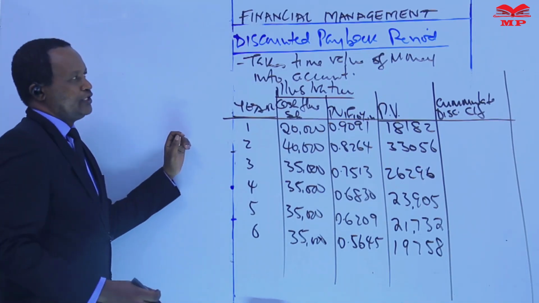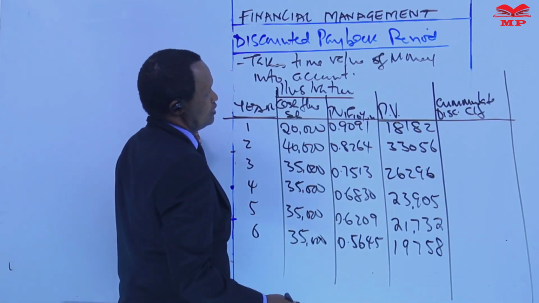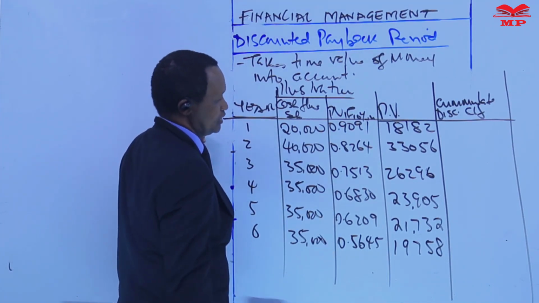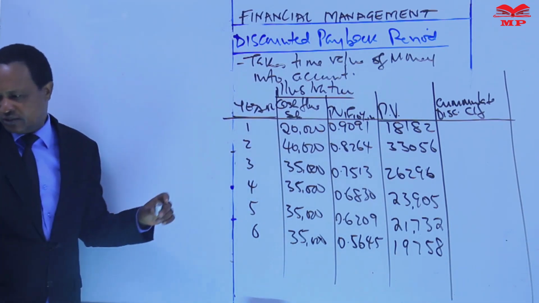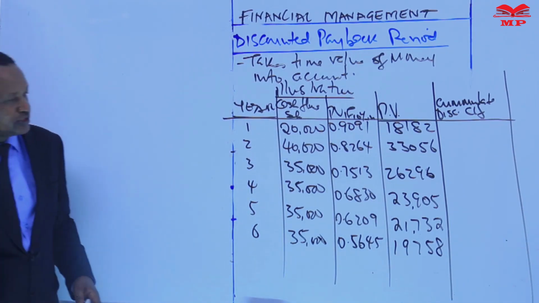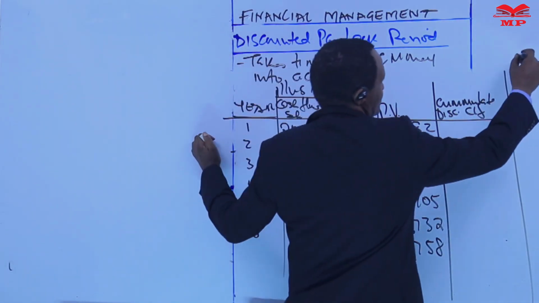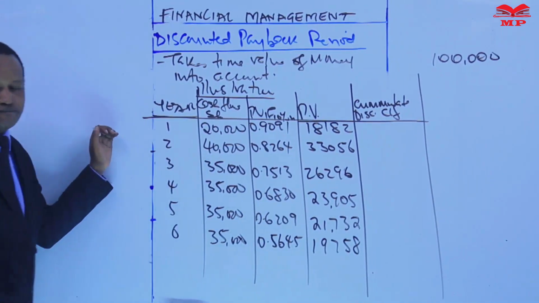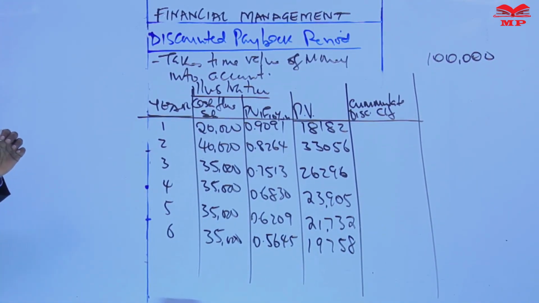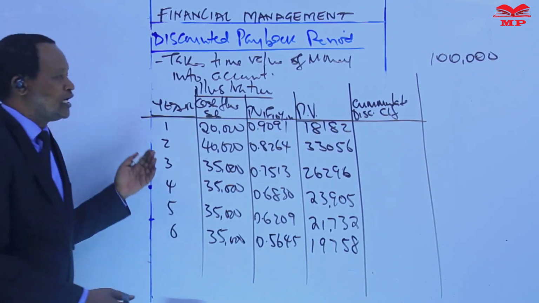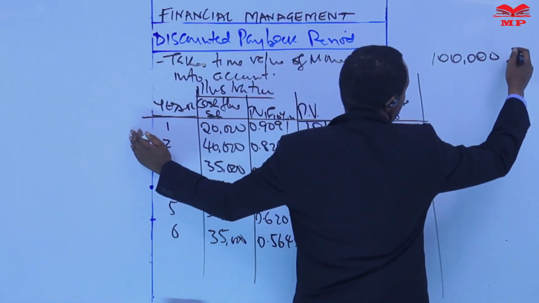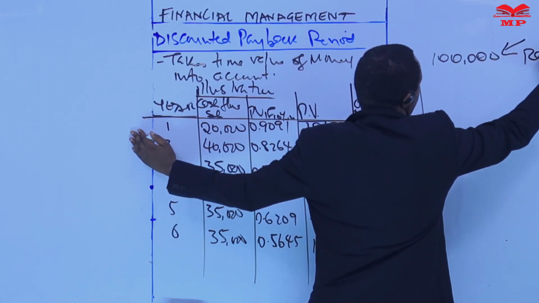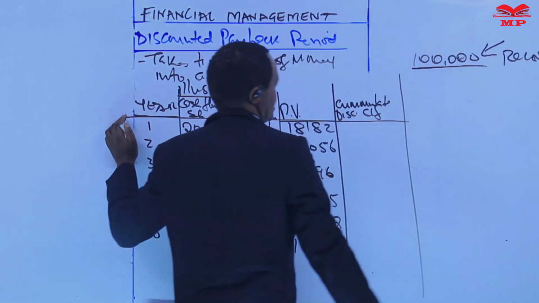So the payback period is the period that the project will take to recover the initial investment. What is the initial investment? The initial investment is 100,000. That is what is invested. How long is it going to take the company to recoup this initial investment?